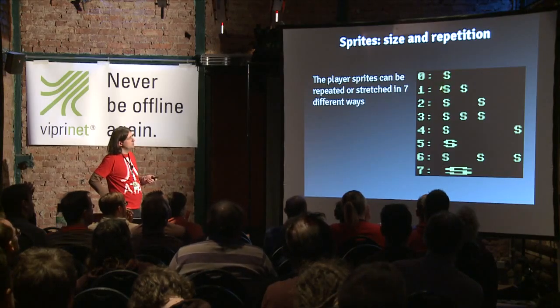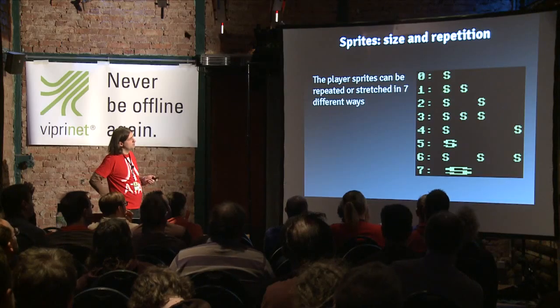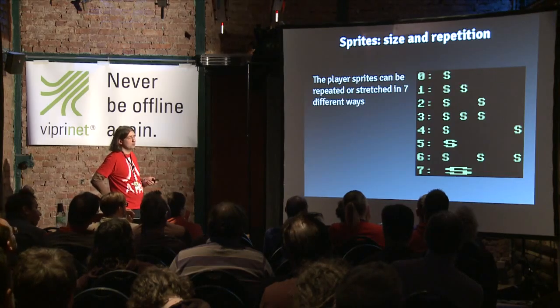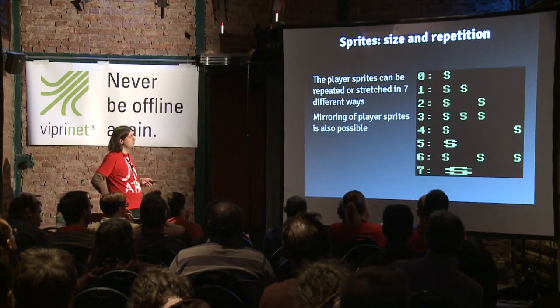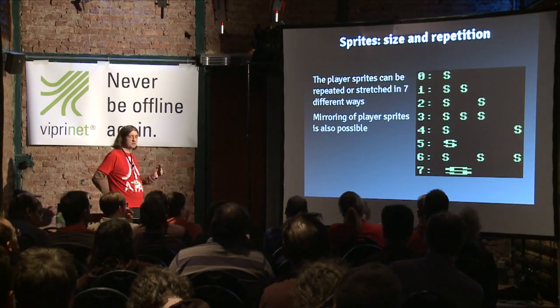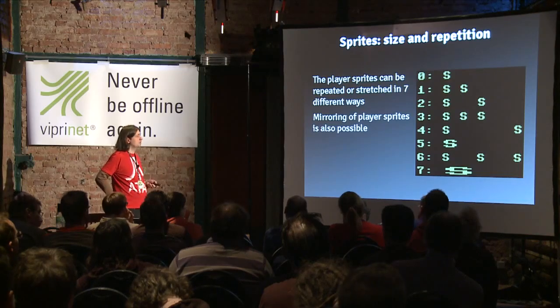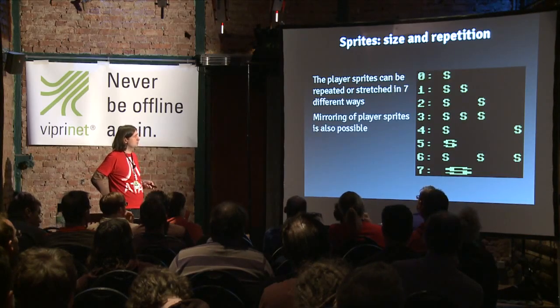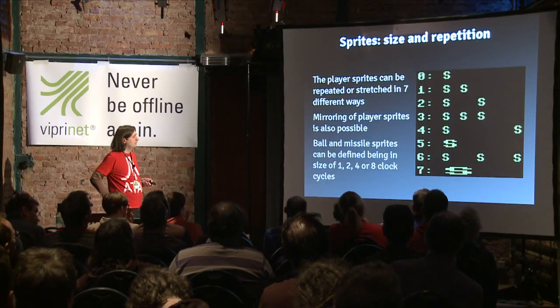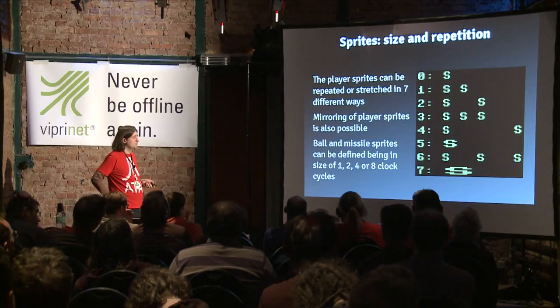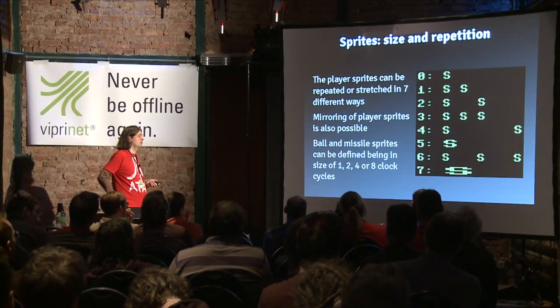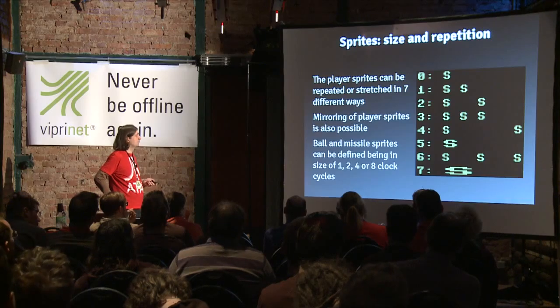And we can also do a repetition with 8 bits of a sprite, 8 bits of space, a gap in there, and then again 8 bits of the same sprite. Mirroring of the sprites is also possible. There's a bit where you can say that the data should be displayed in reverse order. And the missile and ball sprites can also be of different widths, up to 8 clock cycles, but only in power of 2 steps.